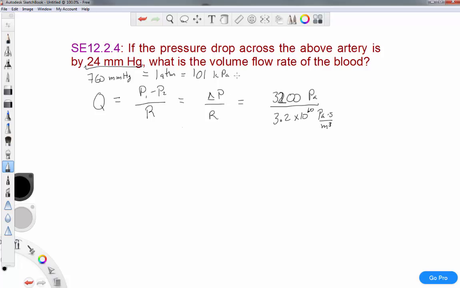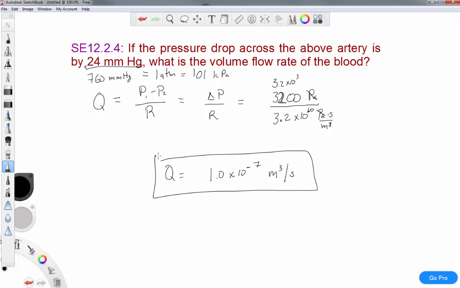Noting that this is the same as 3.2 times 10 to the 3 divided out, our volume flow rate is about 1 times 10 to the minus 7. You see that the pascals cancel, and we're left with seconds over meter cubed in the denominator, which is the same as meters cubed per second. So we have actually a nice round volume flow rate.